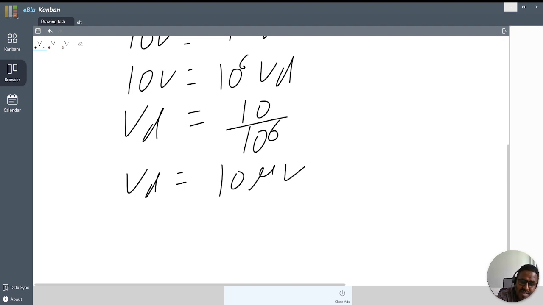So this result is practically no voltage.